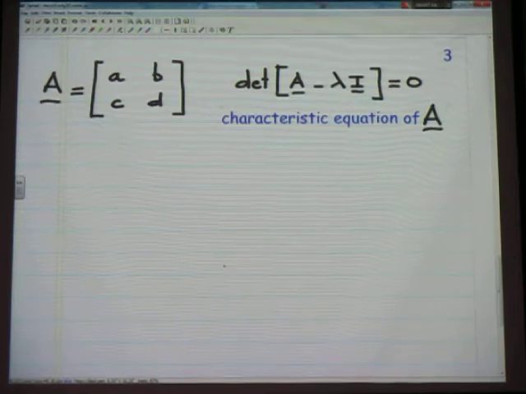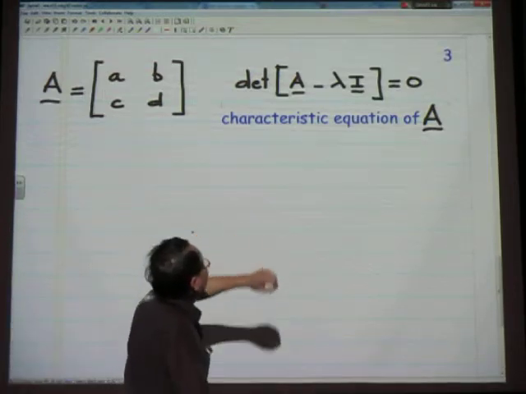You did see that in Wolfram Alpha. So you can easily find the characteristic equation.